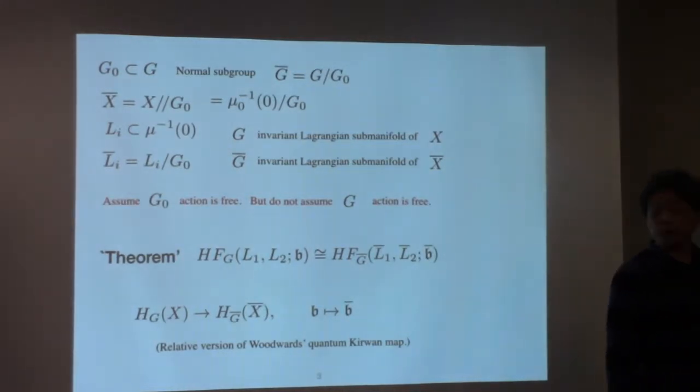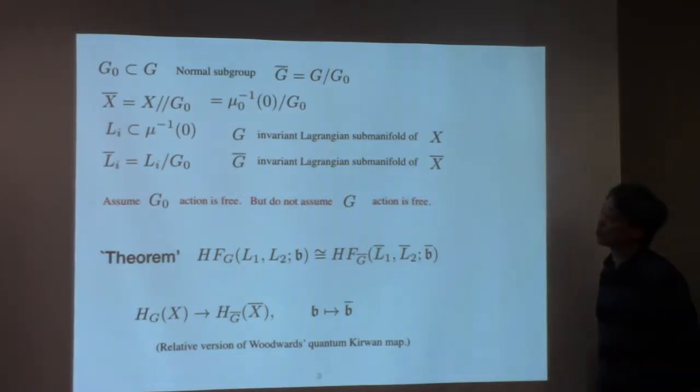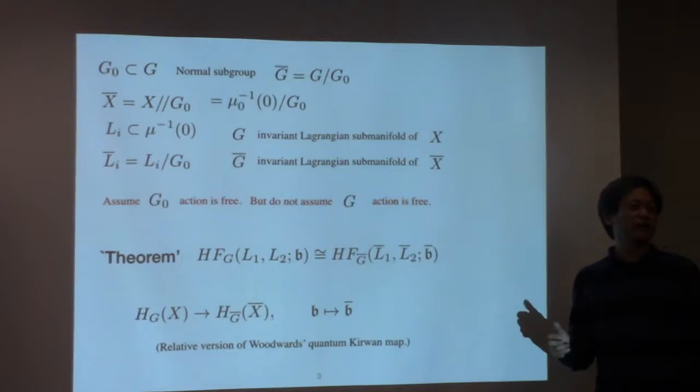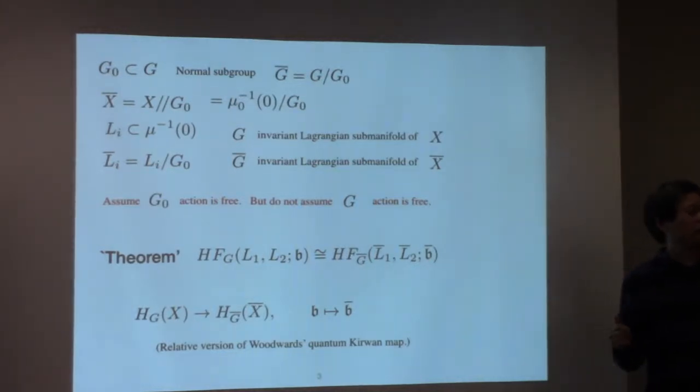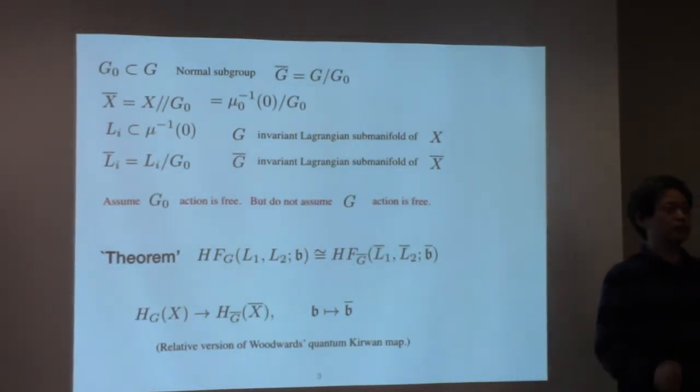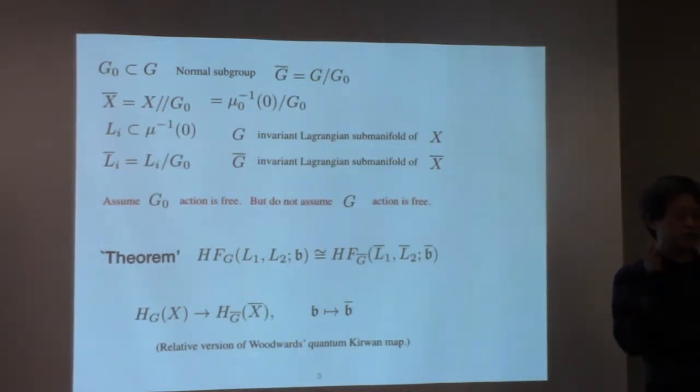So the motivation is the following. I want to consider something like a symplectic quotient of X by G. That is singular. So I want to consider this kind of singular symplectic manifold, and then I want to study Lagrangian Floer theory of it. And in symplectic topology, the singular symplectic manifold and the singular Lagrangian submanifold are very hard to handle. So the idea is just to go up and to do it equivariantly.